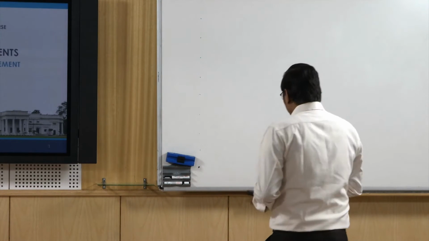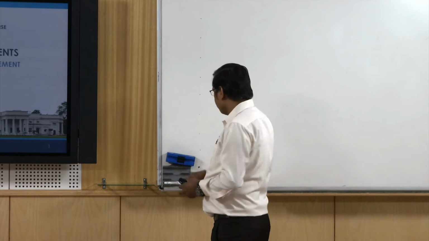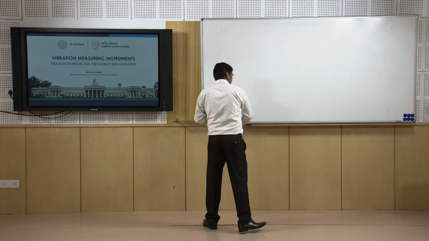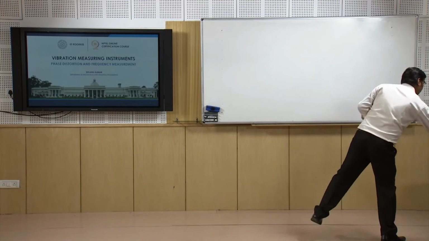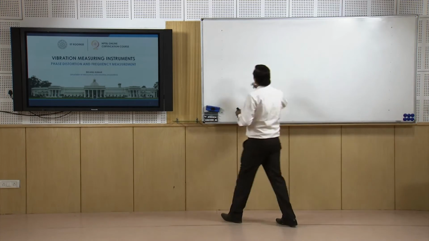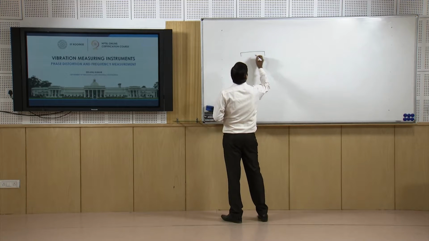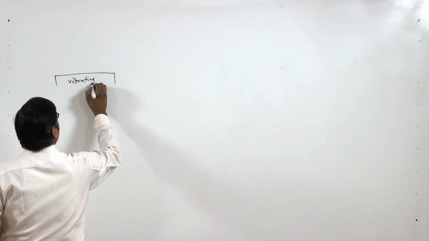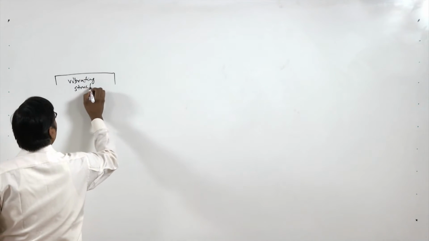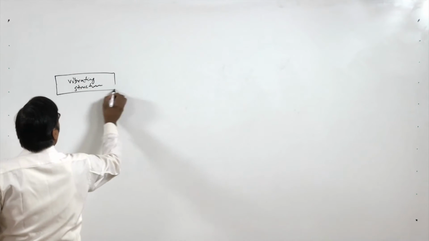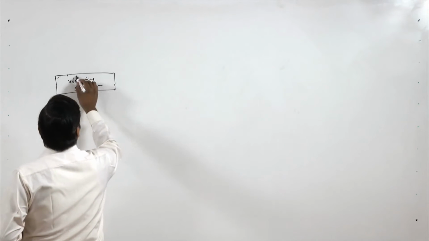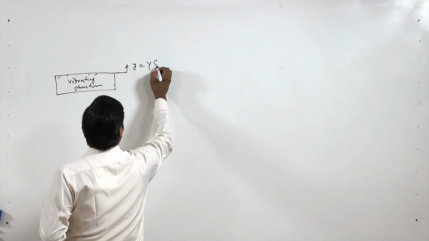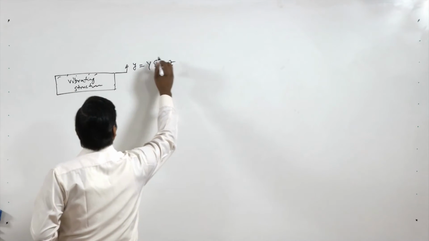So we can see that we have again this structure. This is the vibrating structure, and it is y equal to Y sine omega t.